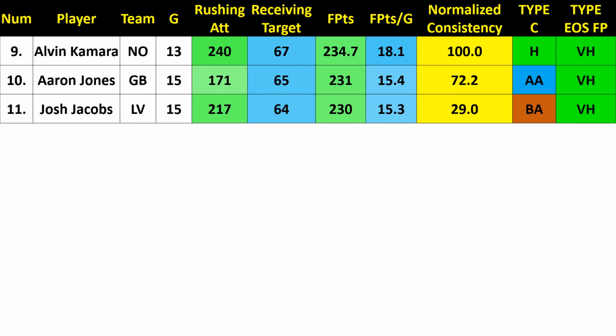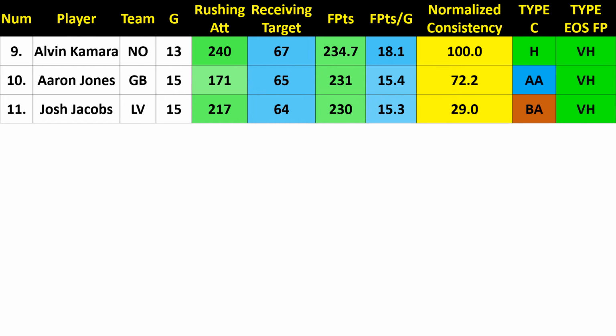Here they are. Okay, so now we move to the famous case study. Kamara, Jones, Jacobs, 9th, 10th, and 11th by fantasy points. 234 to 230, a 4-point difference. Certainly Kamara put up more points per game. He only played 13, but still, when he was there, he was delivering the goods.